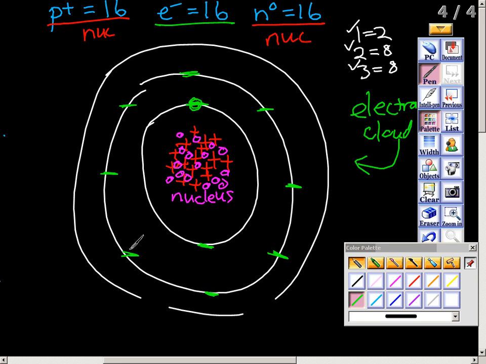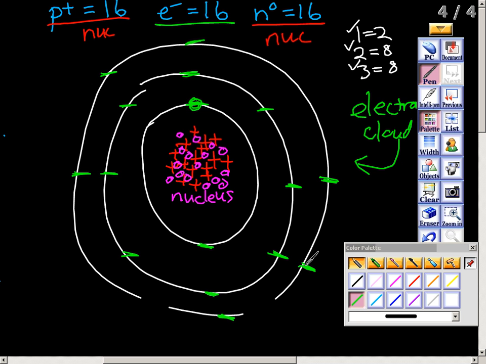And so I've gotten 10 in so far. 2 plus 8 is 10. I'm not going to put 8 in the third one because I only have 6 left to work with. So I'm going to put in 1, 2, 3, 4, 5, 6. So that is my sulfur atom.